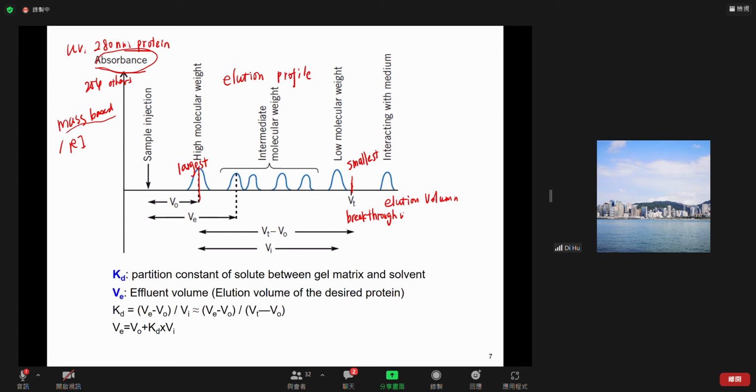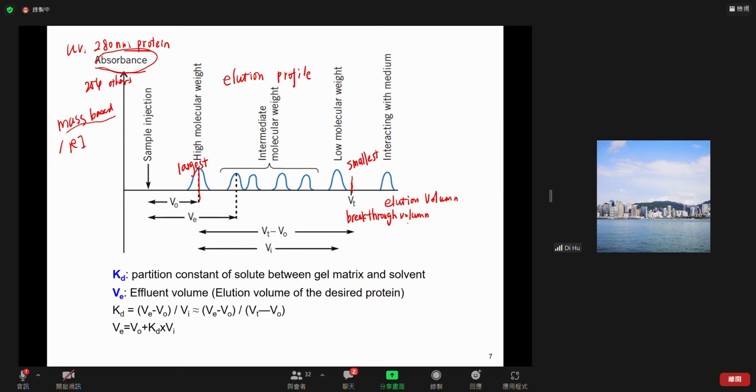Breakthrough volume or breakthrough time, depending on which one you use. What that means is, as long as your analytes all dissolve in the mobile phase, the breakthrough volume indicates the completion of the separation, because it's the maximum volume that can be used.